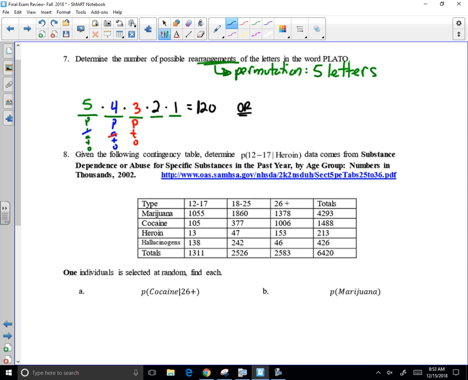Or you might look at it and say, okay, I'm taking 5 things, 5 at a time. So I'm arranging them so that there are 5 things per arrangement, in which case you go to the calculator.